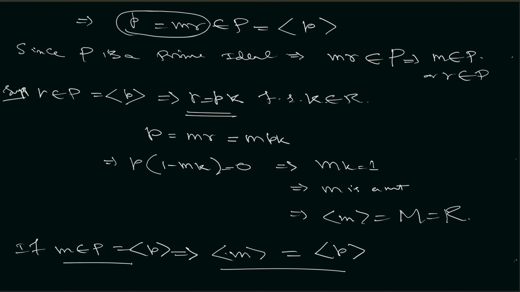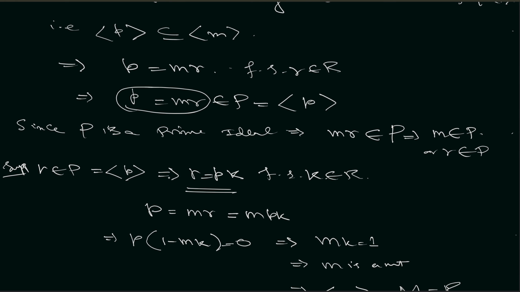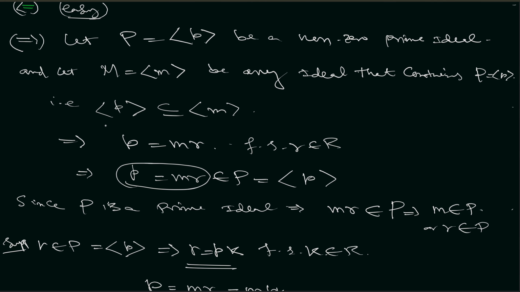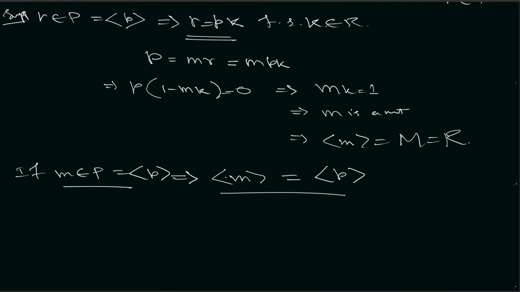See, m is in P and P is an ideal, that means the ideal generated by m is a subset of the ideal generated by p. But you already have the ideal generated by p contained in the ideal generated by m. These two together imply that the ideal generated by m is actually the ideal generated by p. That means every non-zero prime ideal is going to be a maximal ideal in a PID, right?